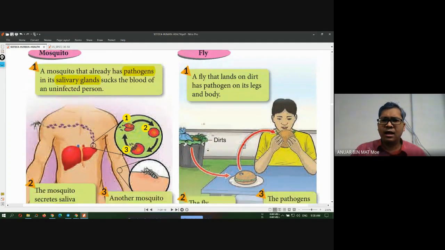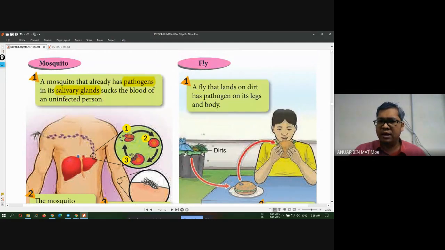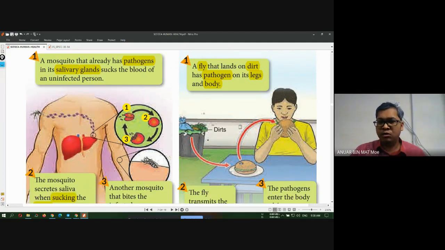And fly. The fly is one of the vectors that has many diseases, many pathogens on it. How does it spread? A fly lands on dirt and has pathogens on its legs and body. For example, can you imagine the same fly lands on the rubbish, on the garbage, and carries the pathogen, and then goes to your food, and then you eat the food.